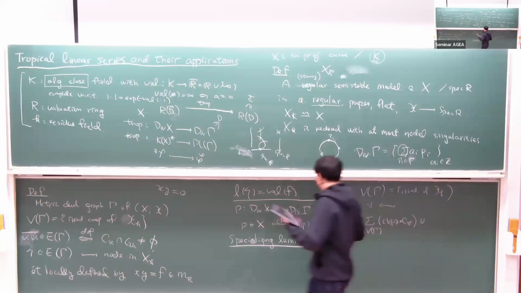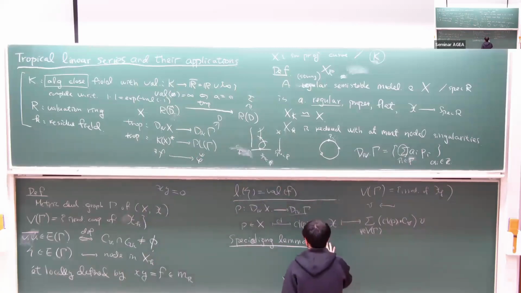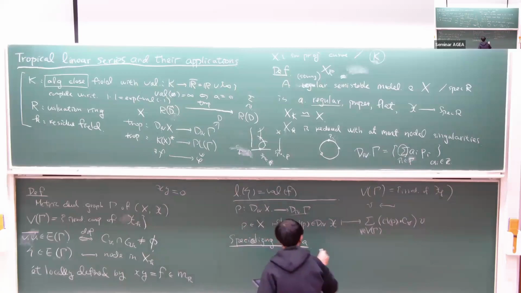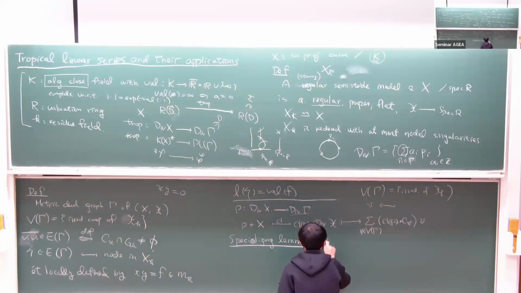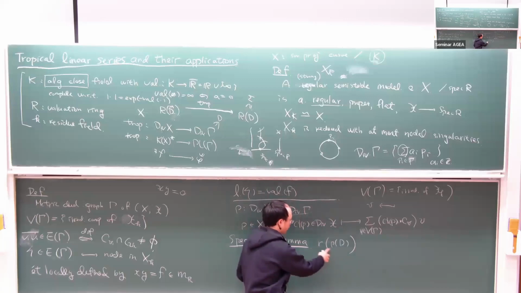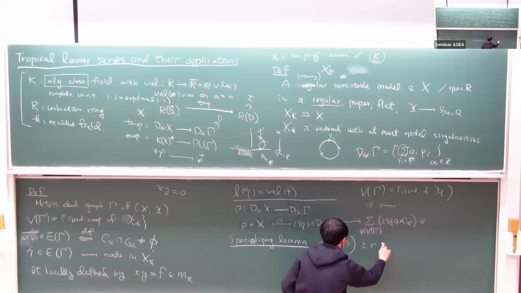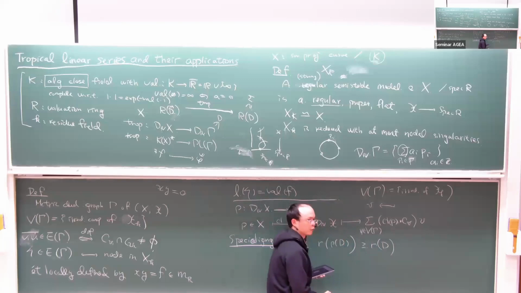So we have this specializing map, let's call it rho, and the specialization lemma asserts that if you specialize some divisor on the curve and you consider the rank, which will be defined later, then it is greater or equal to the rank of the divisor on the curve.